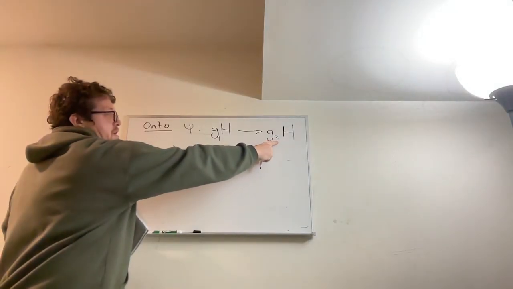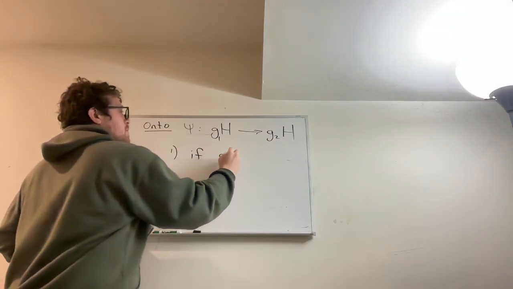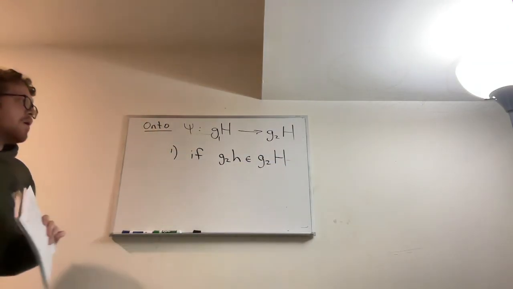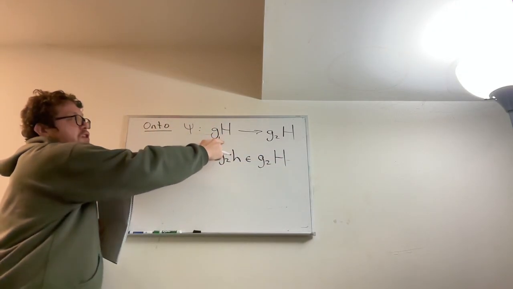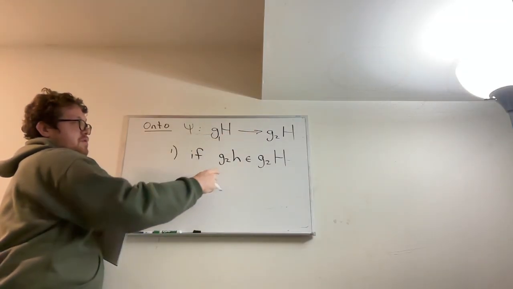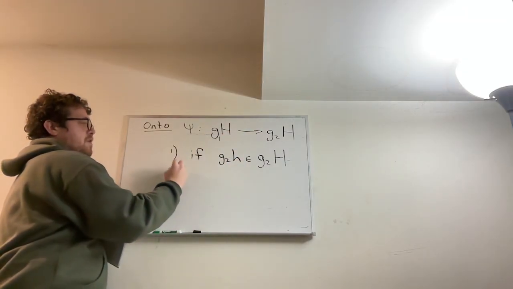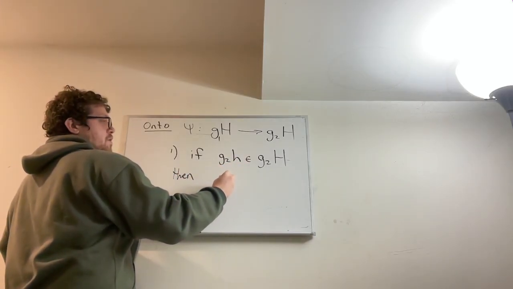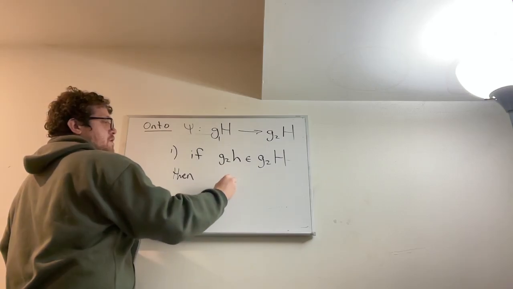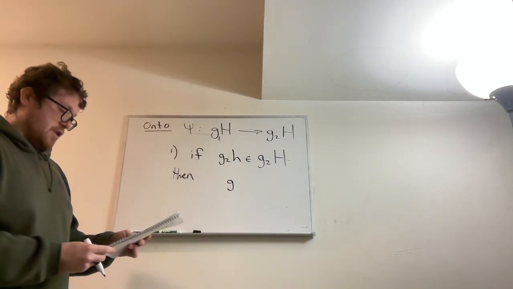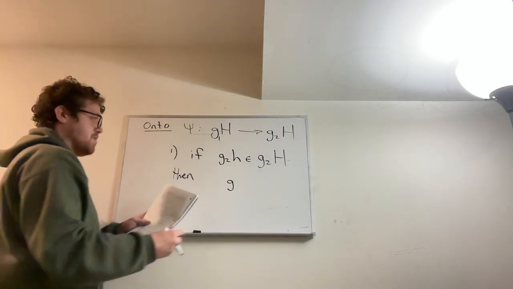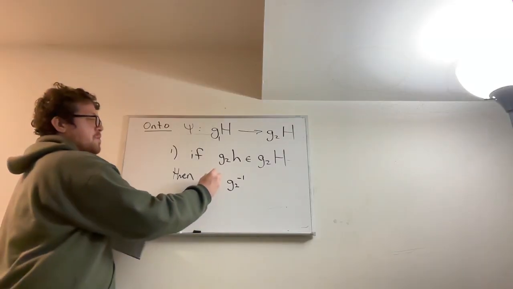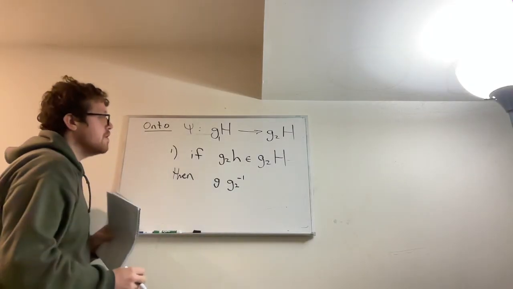And so if I pick an element in here, so if G2H is an element of G2 big H, then we just need to find something in G1H that maps to it, but that's not too hard. So if G2H is in here, then we can always find, what is it? It should be the same type of element as the last proof. So if I multiply on the left by G2 inverse and then multiply on the left again by, oh no, I did that.